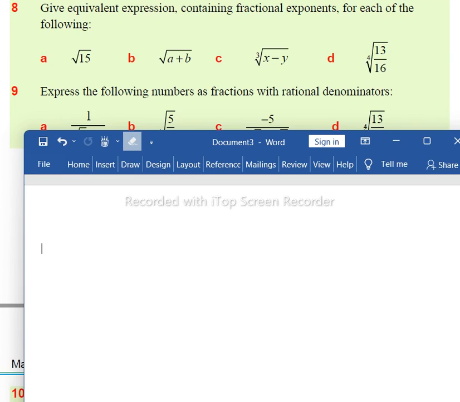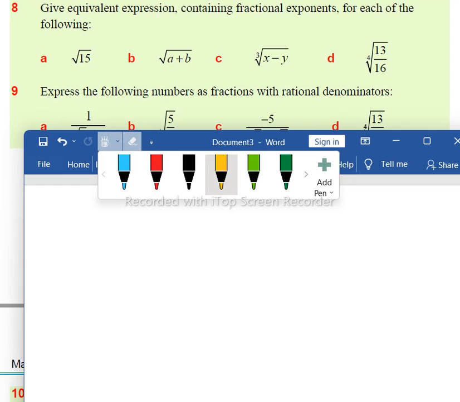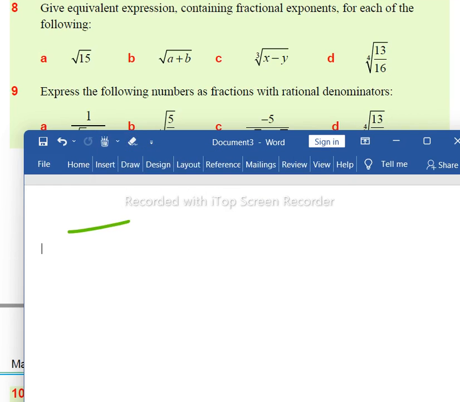For example, if you take letter A, we have the square root of 15. The square root means the power of 1 over 2, so we can write 15 to the power of 1 over 2. We can write like this.